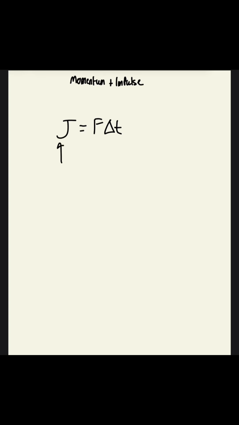So J is impulse, which is measured in newton-seconds. F is the net force in newtons, and delta t is the change in time, or the time interval in seconds. So impulse is also equal to the change in momentum of an object.